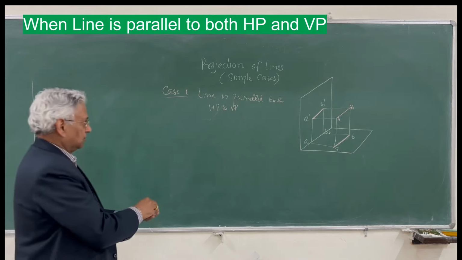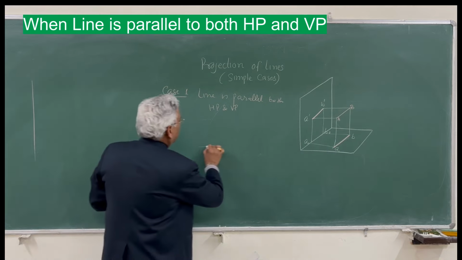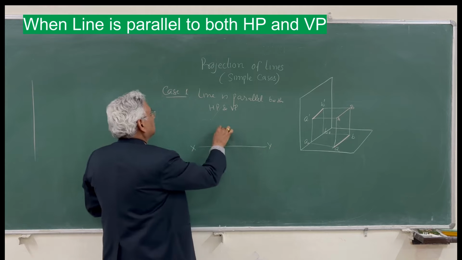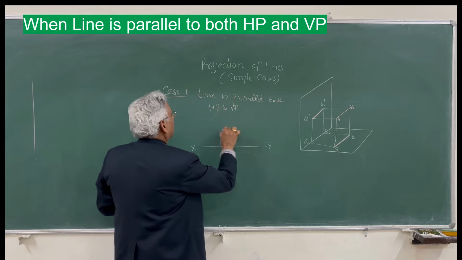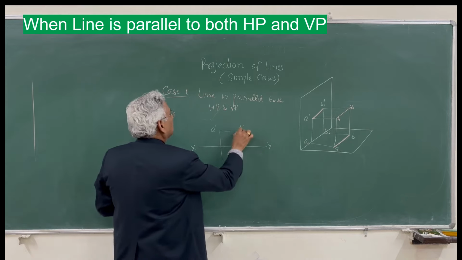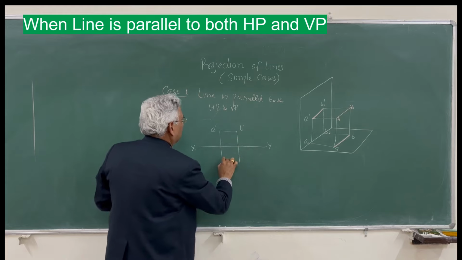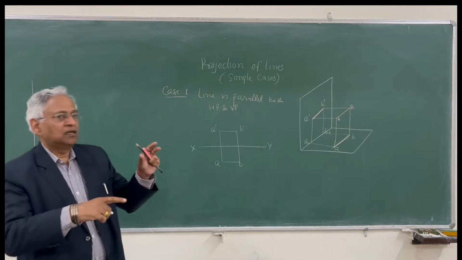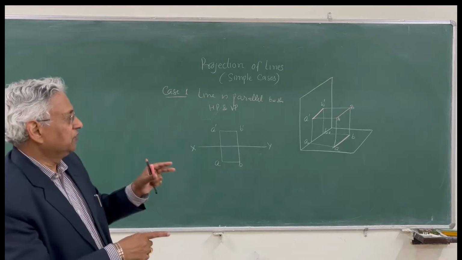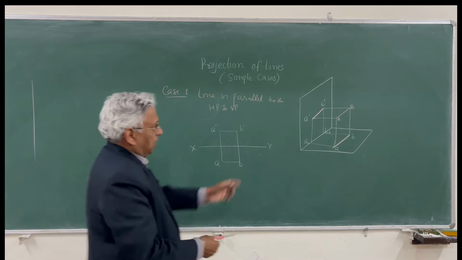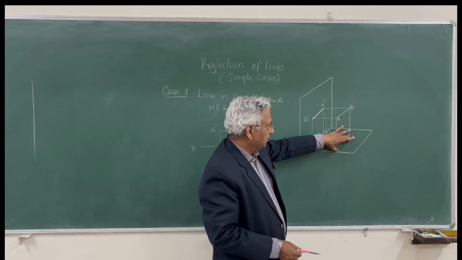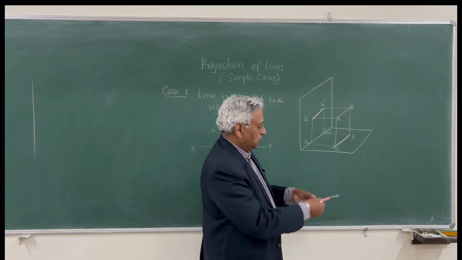So when you draw the projection, XY is the ground line and the elevation is parallel to the ground line, and the plan is also parallel to the ground line. This is the projection of a line which is parallel to both HP and VP.